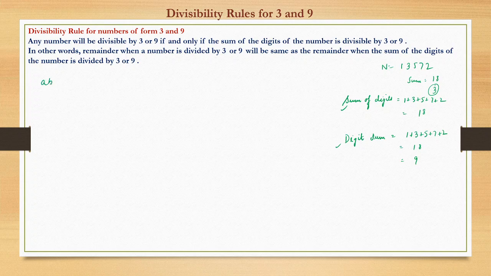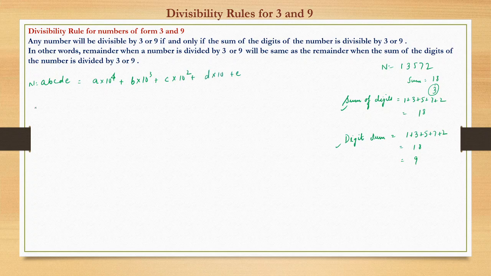So again, if I take say a b c d e, a generic number, I can write this as a into 10 raised to power 4 plus b into 10 raised to power 3 plus c into 10 raised to power 2 plus d into 10 plus e.